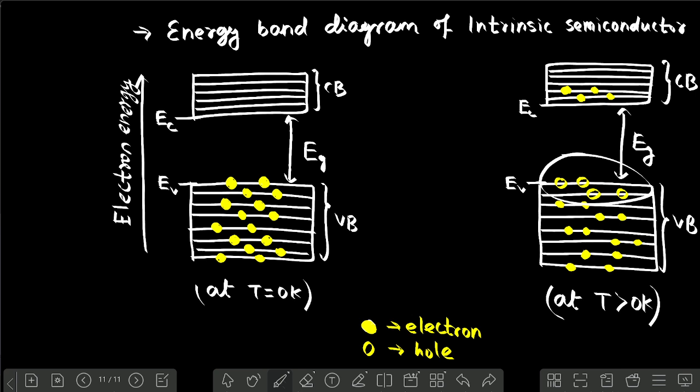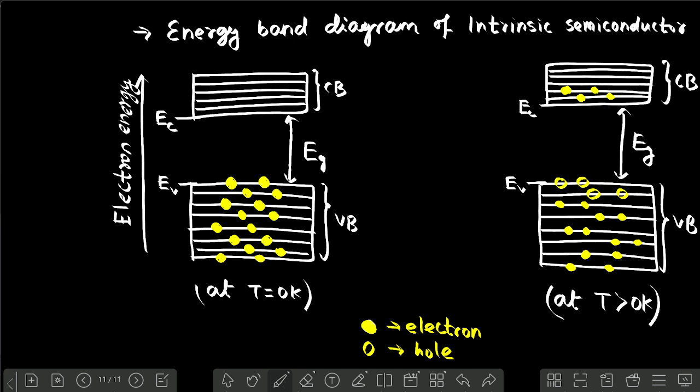Yes or no? Like this you do. One is an empty circle, one is a solid circle. So be careful while doing the diagram. Empty circle, solid circle.